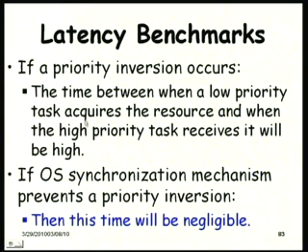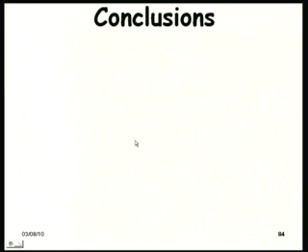If unbounded priority inversions occur, the delay the high priority task incurs in getting the resource will be high. But if the operating system has a mechanism to prevent priority inversion, basically the inheritance mechanism or the ceiling protocol, then the time will be very small. So, this also we can measure through a simple experiment.